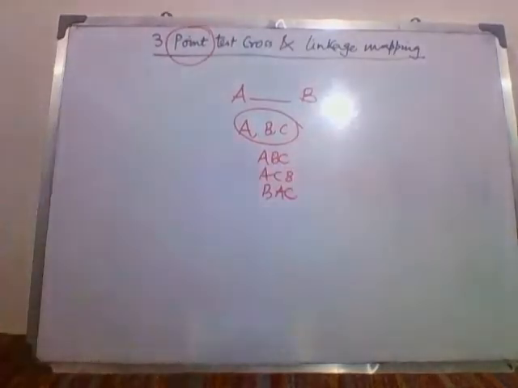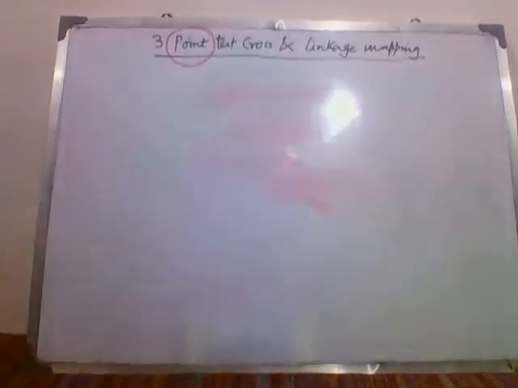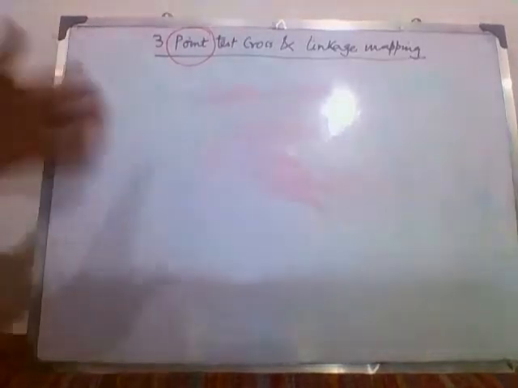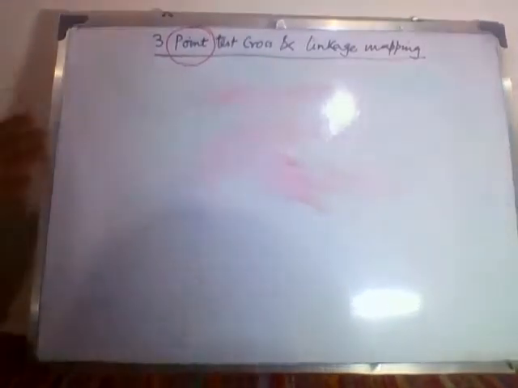and so on. So in this way, using 3-point test cross, we can really map the genes present on the same chromosome, and we can assign a distance between them which is not the physical distance, rather a relative distance reflected from the percentage of recombination between them.